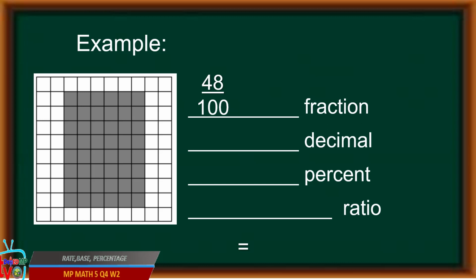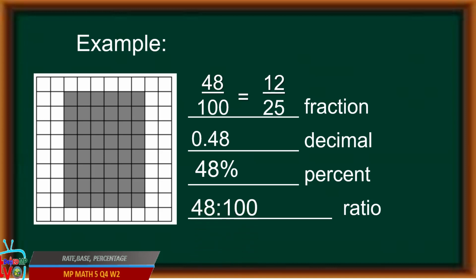So we have 12 over 25. For the decimal, we have 48 hundredths. Percent, we have 48%. And for the ratio, we have 48 is to 100 or 12 is to 25.